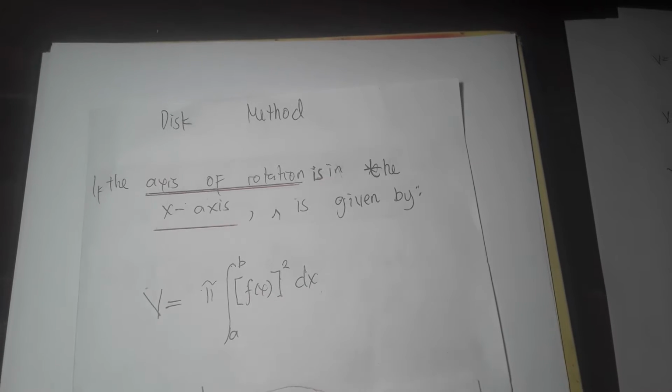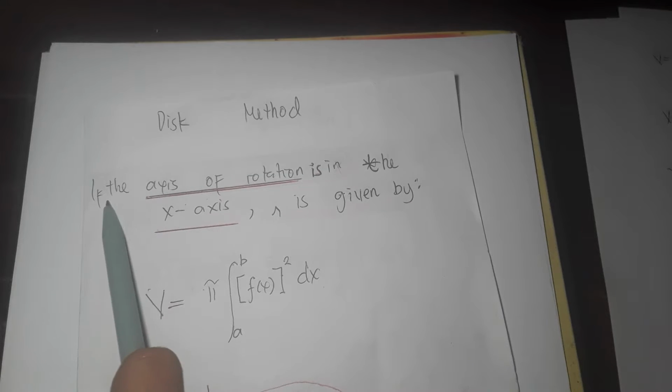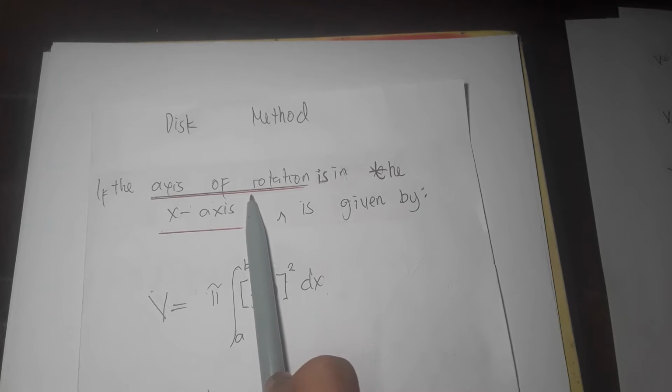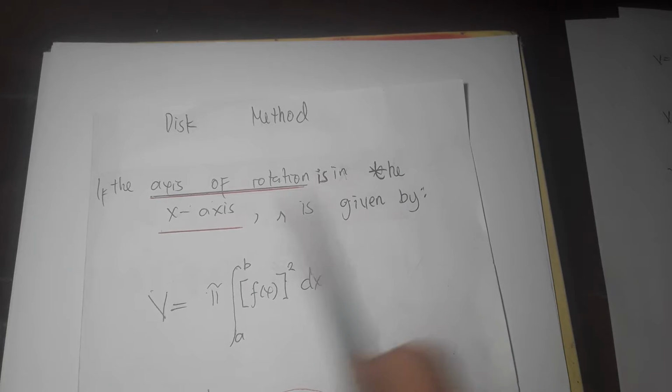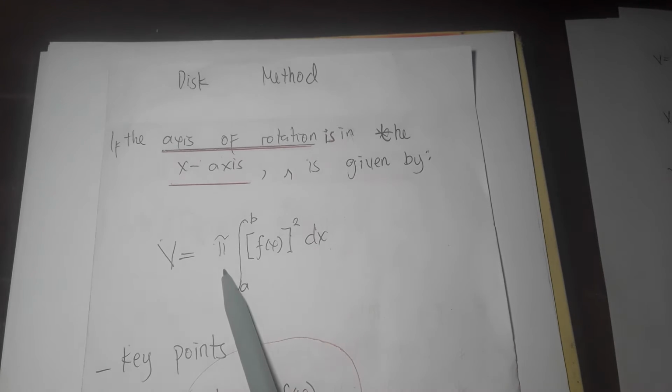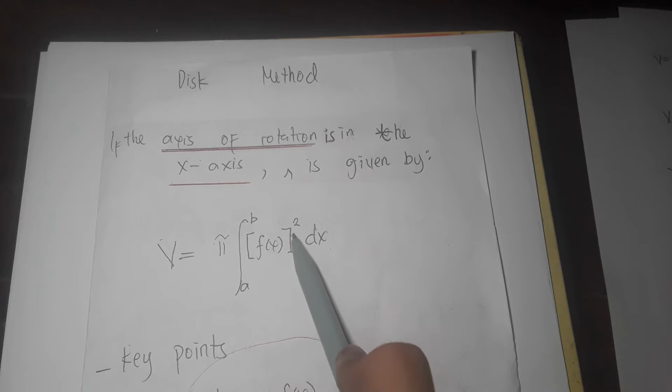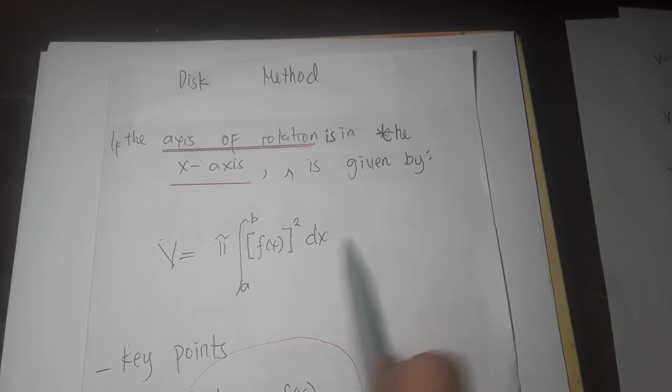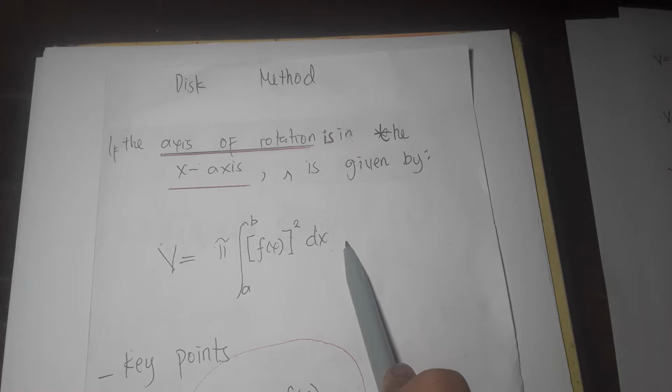Now, we have a formula for the disk method. It depends upon the axis of rotation. If the axis of rotation is the x-axis, the volume is given by V equals pi times the integral of f of x raised to the second power dx. Why is it dx?